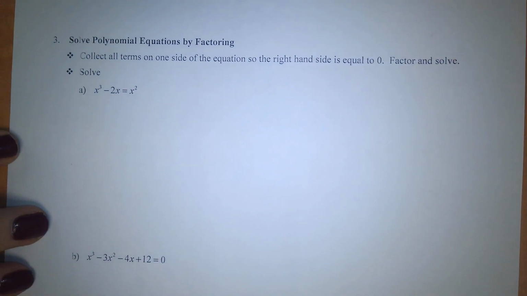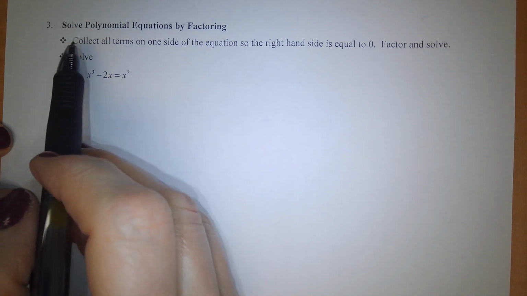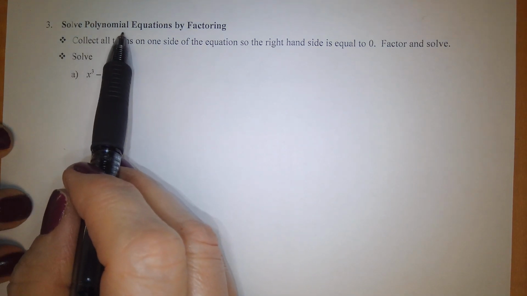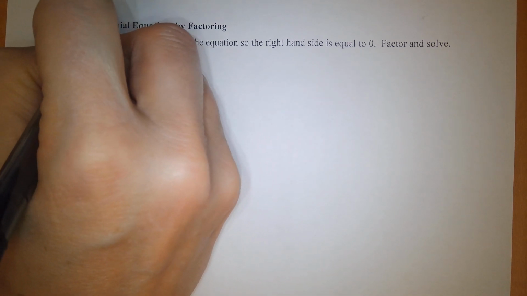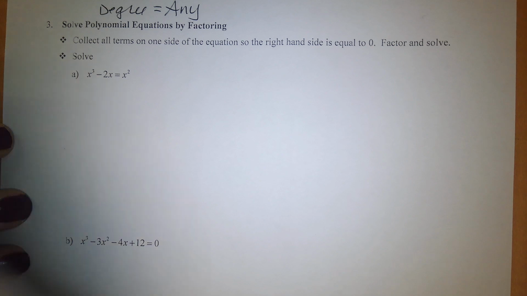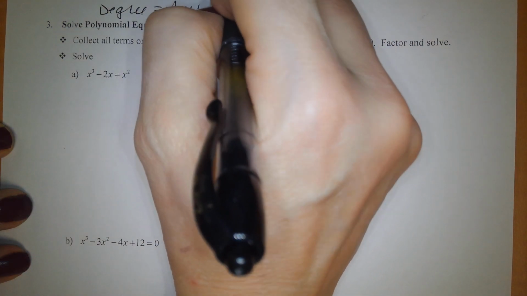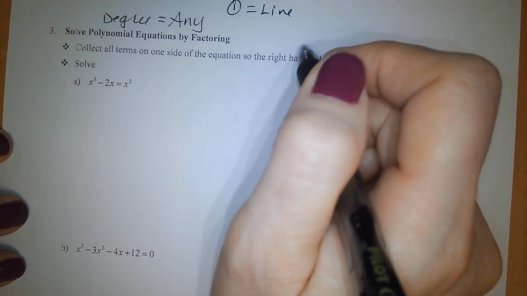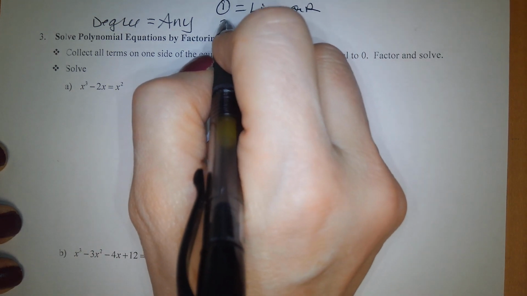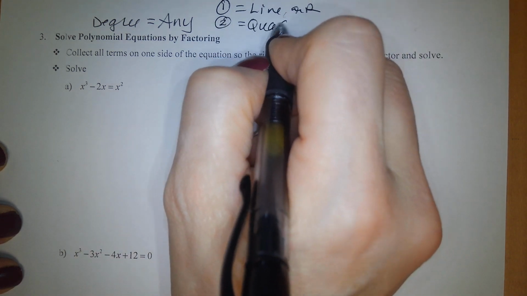On to the last page. In the last page, we've got 3 more examples of how to solve polynomials, meaning the degree can be any. Remember, if the degree was 1, this is linear. If the degree was 2, we have a quadratic.